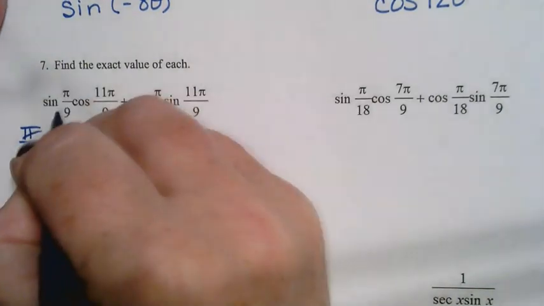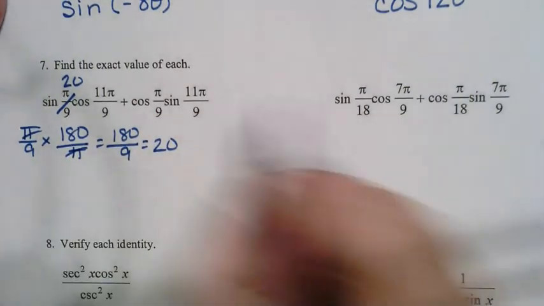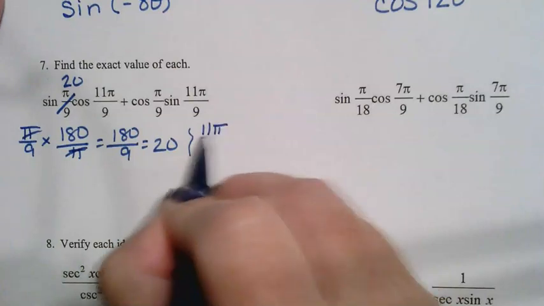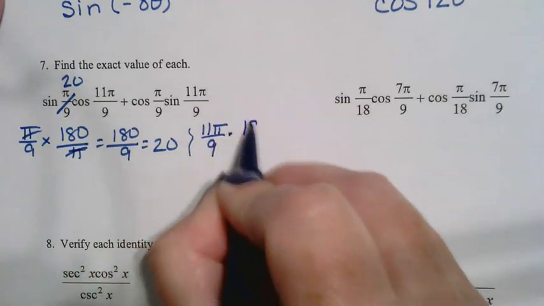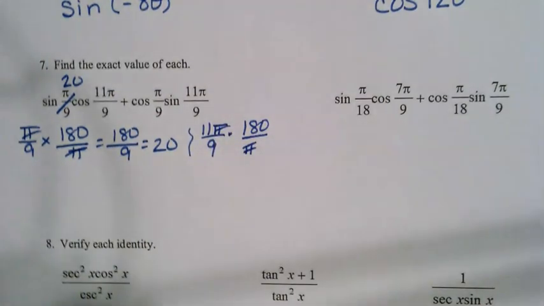So I'm going to rewrite this as 20. 11 pi over 9 times 180 over pi. Let me just go to a regular calculator.